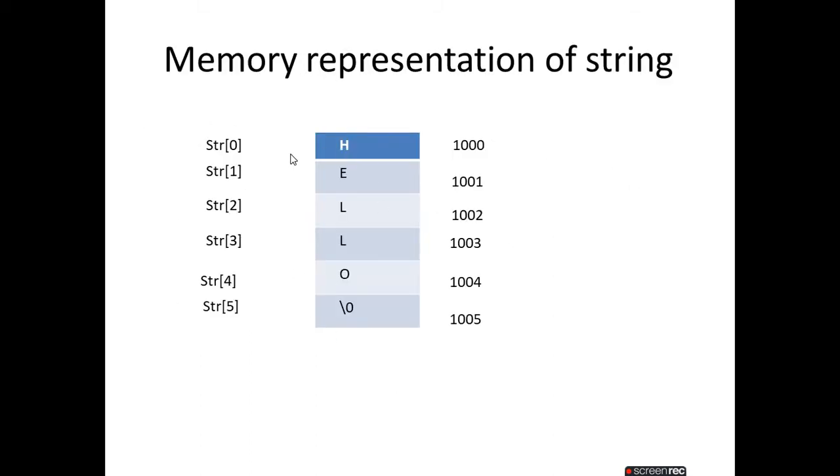That means str of 0 is h, str of 1 is e, str of 2 is l, str of 3 is l, str of 4 is o, str of 5 is null. As a character takes 1 byte, for example, if the base address is 1000, then the address of str of 1 is 1001, str of 2 is 1002, str of 3 is 1003. This is the memory representation of the string.